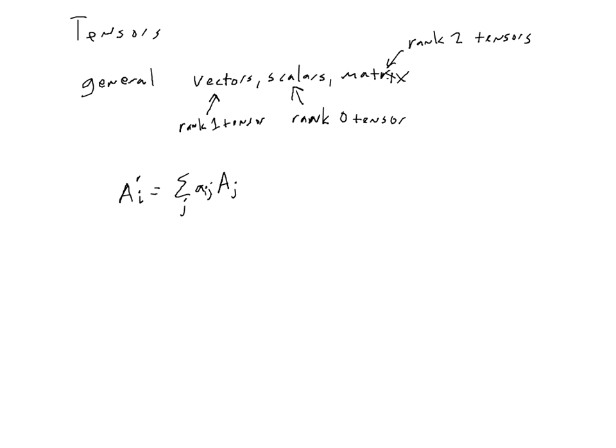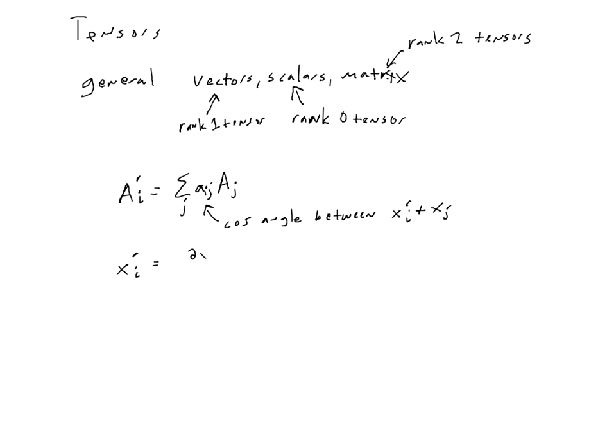So here, if this is your transformation matrix, and these are some vectors, then you can think of A_ij as the cosine of the angle between the two coordinate systems, the cosine of the angle between x_i prime and x_j. So if you want to transform from x_j to x_i prime, let's do this in terms of derivatives.